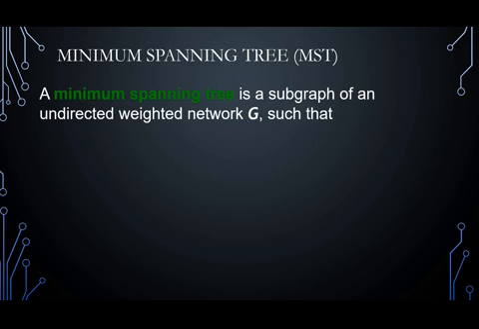A minimum spanning tree is a subgraph of an undirected weighted network called G such that it satisfies certain conditions. The conditions are: it should be a tree. What do you mean by a tree? What is the difference between a graph and a tree?